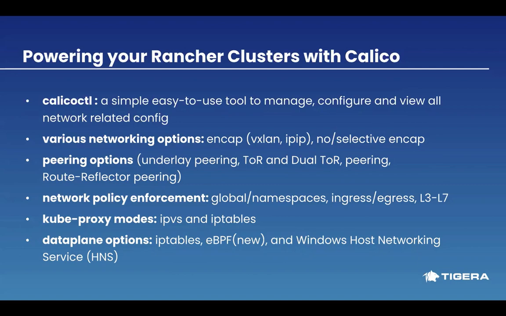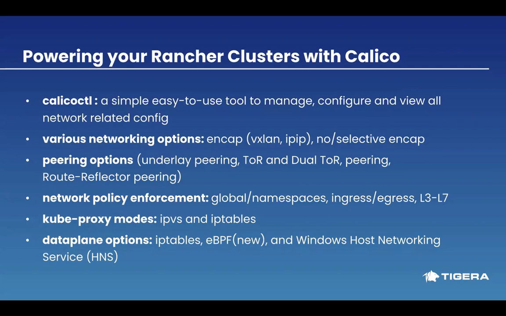If you decide to do no encapsulation, you have a lot of peering options. So whether it is on the cloud or on-prem, you can peer directly with your top of rack. We have functionality with dual ToRs, providing high performance, low latency, high availability when it comes to your routing of pods, especially for mission critical applications. It's critical to plan for that.